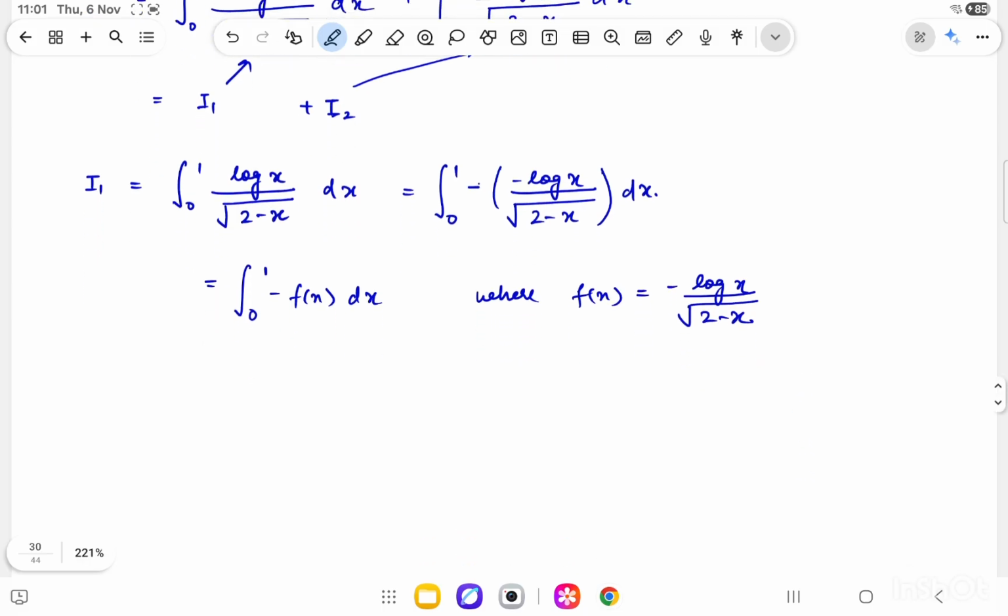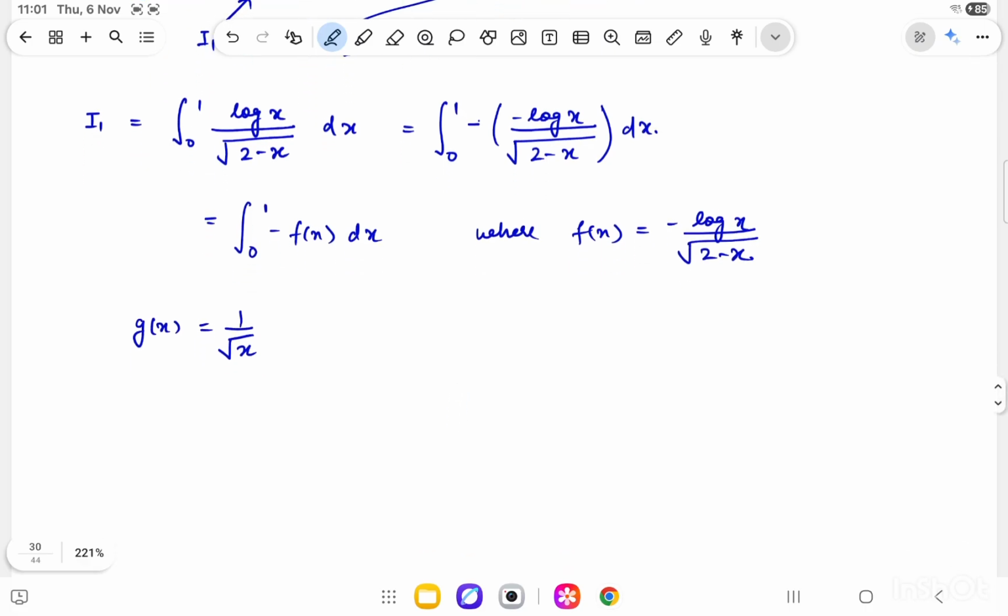Now let's see how we can use the comparison test here. Assume g(x) as 1 by square root of x. Now I'll use the limit comparison test to see if the integral I1 converges or not.